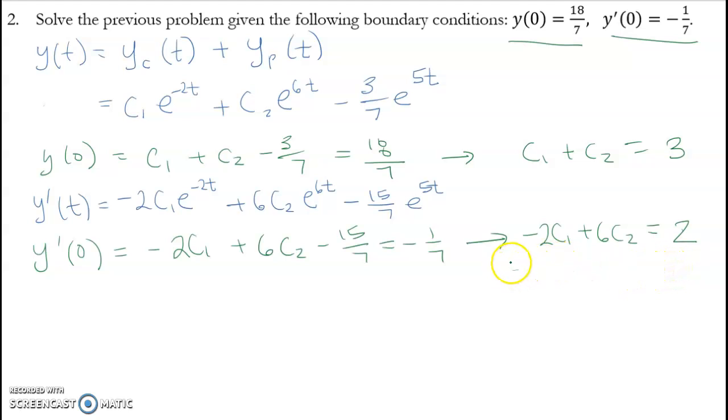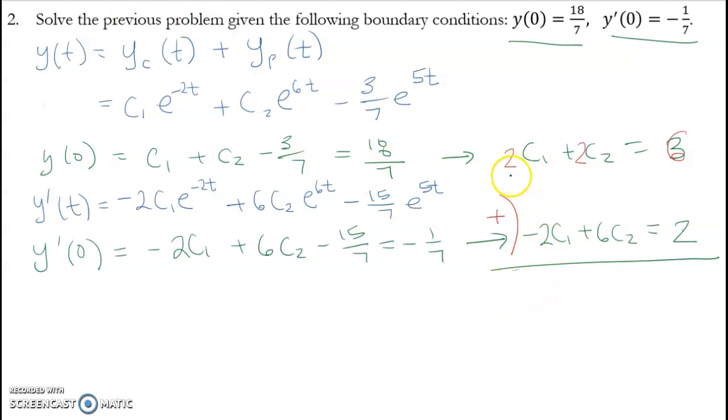Okay, so we have these two equations and two unknowns, so we can definitely find the values of C1 and C2. I'm going to multiply the first equation by 2 on both sides, and then add these two equations together.